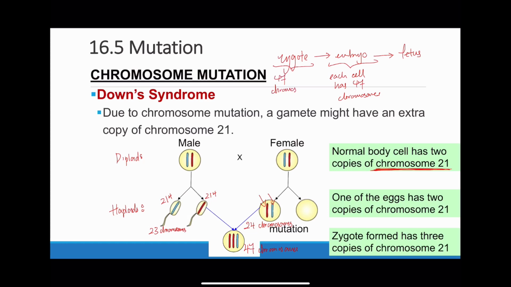As the child develops in the mother's womb, eventually all the cells in this fetus will have 47 chromosomes or so. With that come certain issues, either in neurological development, etc. So this is how chromosome mutation can result in Down syndrome. There are other kinds of chromosome mutation. If you're interested, you can go and Google about it.